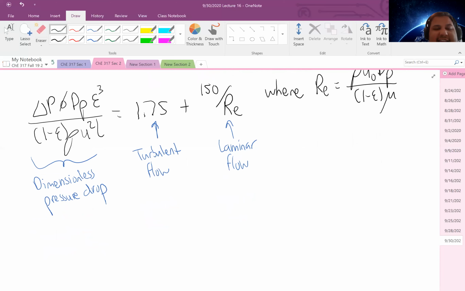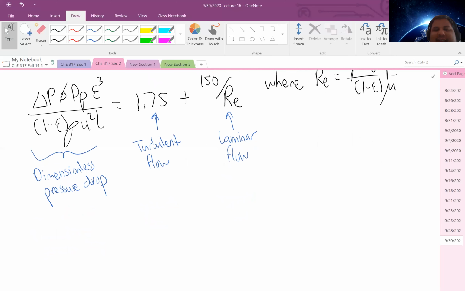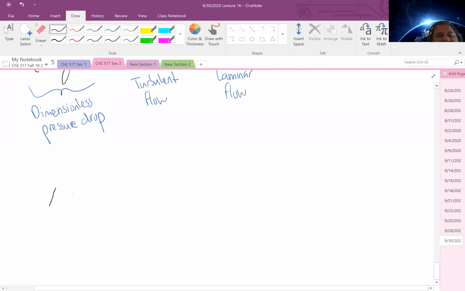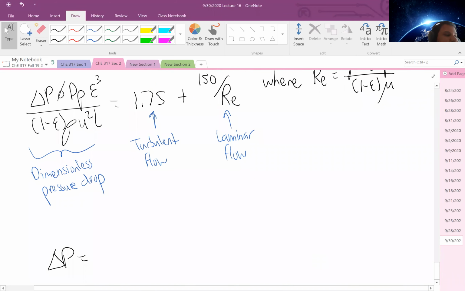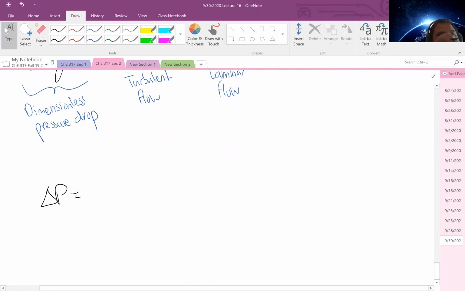And so, as nice as this dimensionless relationship is, at the end of the day, we often just want to know pressure drop, not some dimensionless pressure drop. And so, if we manipulate this equation back to solve for strictly the pressure drop, what we're left with is an equation that looks like this. And I'll actually put it in the form of F, which is just delta P over rho.